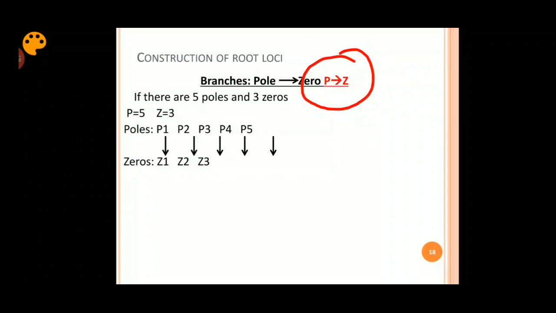So as there are 5 branches, suppose there are 3 branches which will start from poles and terminate at zero. Now there are 2 more poles which are left unattended. That means I need 2 more zeros to terminate at, but I don't have them.